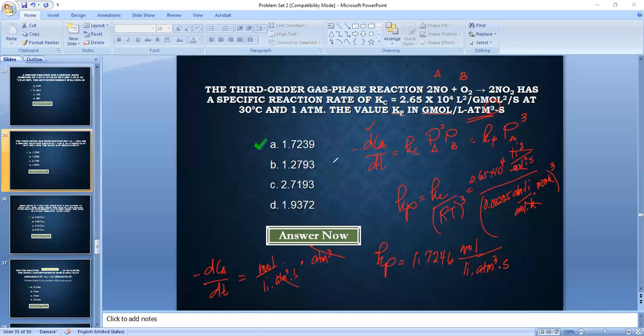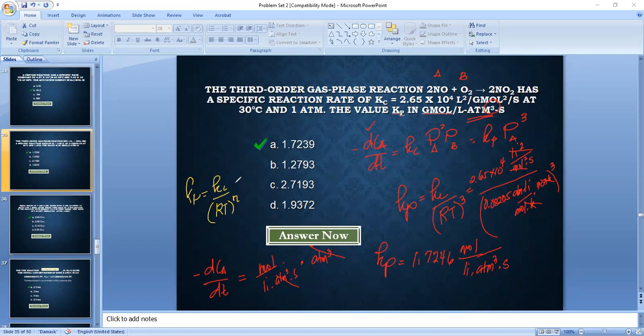So this is on the premise, class, that even if you're given a gaseous reaction, the final set of units for the rate is not in terms of partial pressure, but rather concentration per unit time. Okay? So if I will summarize, you will have your K sub P equal to K sub C divided by RT raised to n.